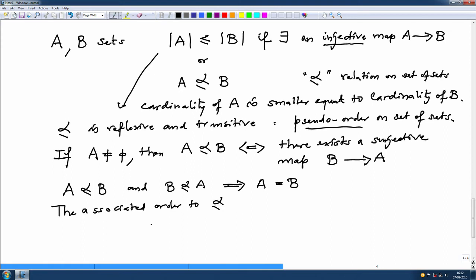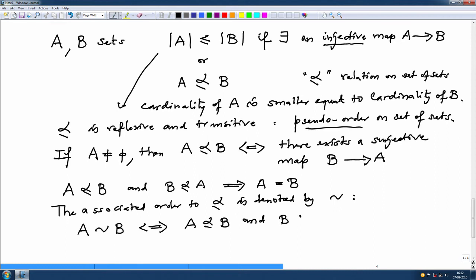That one is denoted by this. What is the definition? We say that A tilde B if and only if A script less equal to B and B script less equal to A. So that is how we have extended this pseudo order to an order.